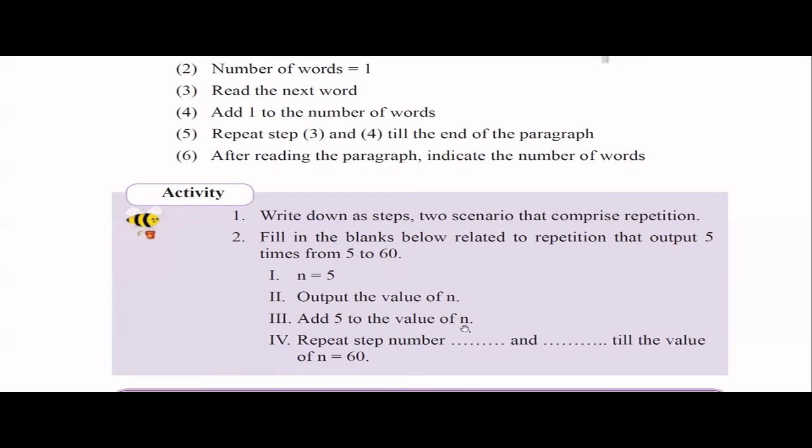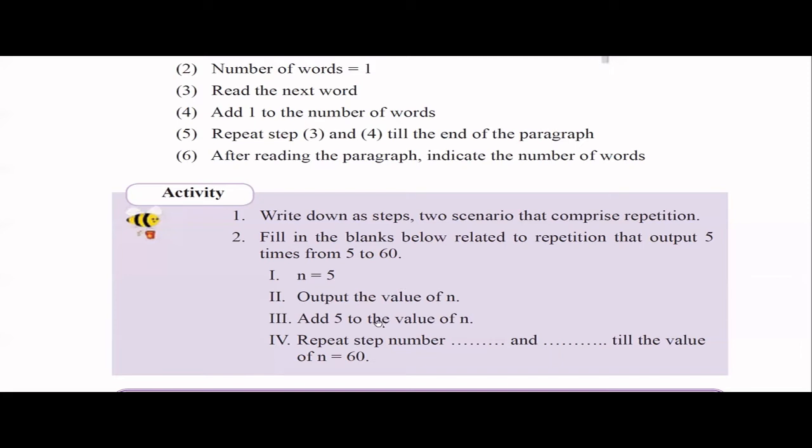Then you have to give the output, and it will be 10. Then you have to repeat step number 2 and 3, continuously, until your value is 60. For example, you have n equals 5, you output the value 5, you print 5.